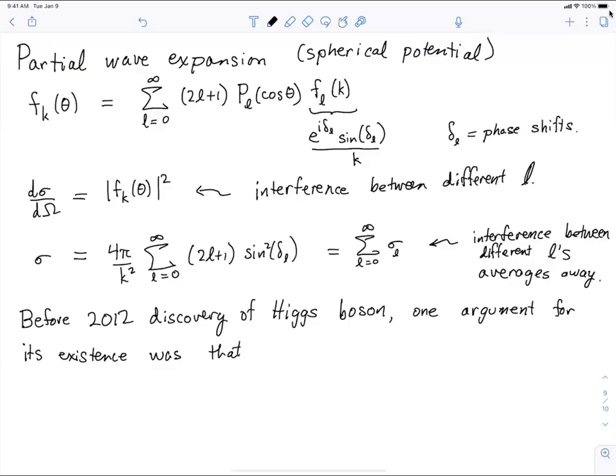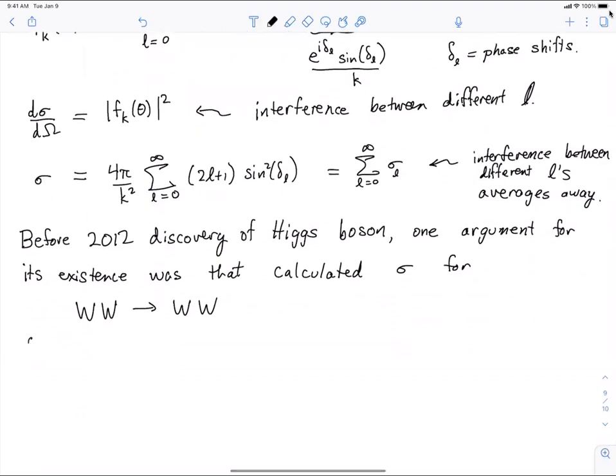So this wasn't an experimental thing, this was a theoretical thing. If you just calculated the total cross-section sigma for a particular scattering process, namely WW goes to WW, those are W bosons, then the thing that you calculated would not obey partial wave unitarity. In fact, it didn't. Which is a disaster. That means probability is not conserved in some sense without the Higgs boson.